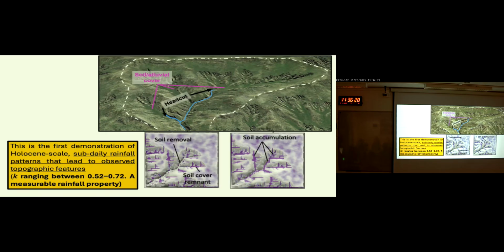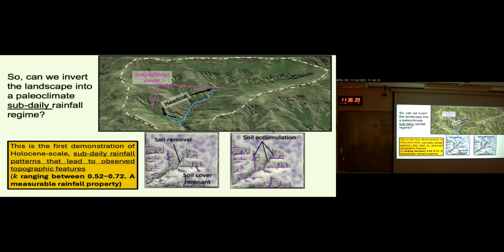And also we provide some numbers on possible changes. So this kappa, we can measure it, and I'm going to show some examples under different climatic trajectories. So under future work, we might be able even to invert the general landscape into potential paleoclimate sub-daily rainfall, if we assume that climate is the main trigger for these transitions.